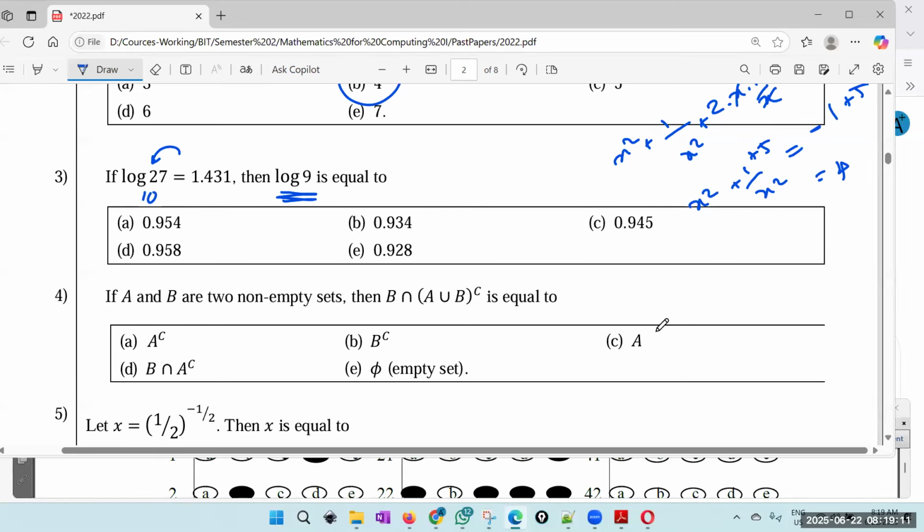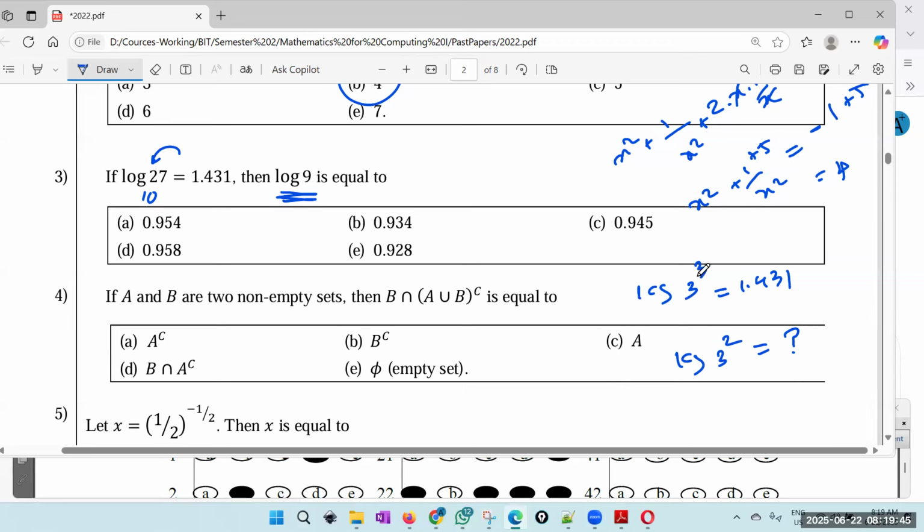Okay, so log 3 to the power 3 is 1.431, and log 3 to the power 2 is what we want to find. Then you wrote this as 3 to the power 2 into 3? No, sir. I divide 1.43 by 3. Yeah, that is what is being done by you. I think your approach is correct.